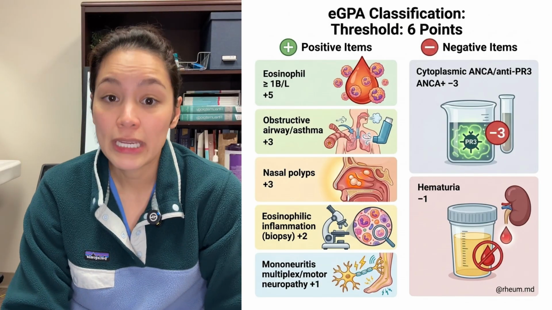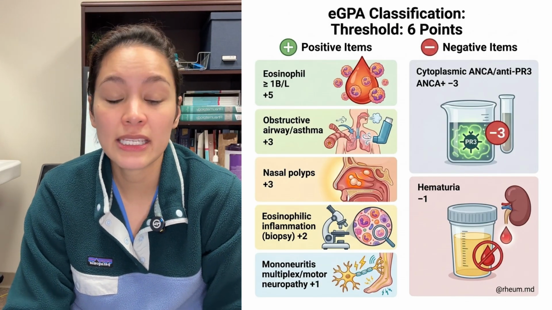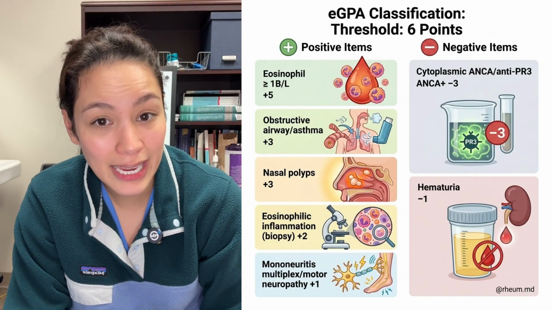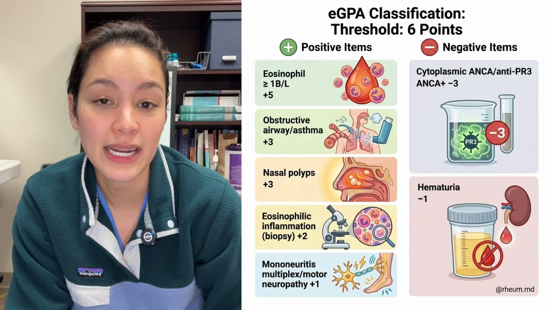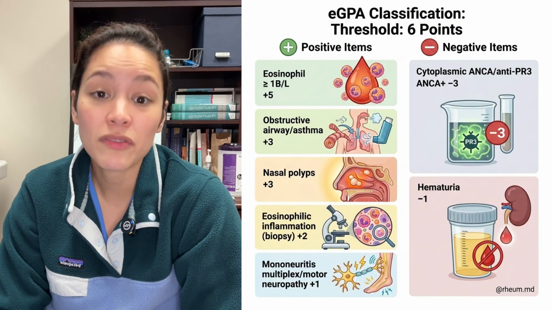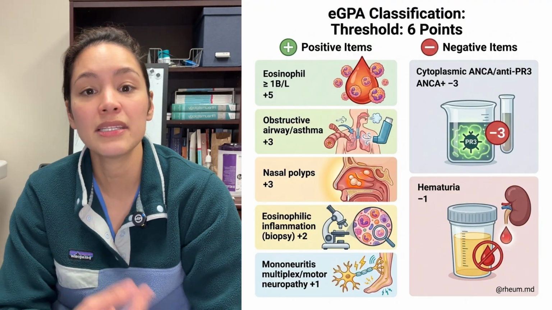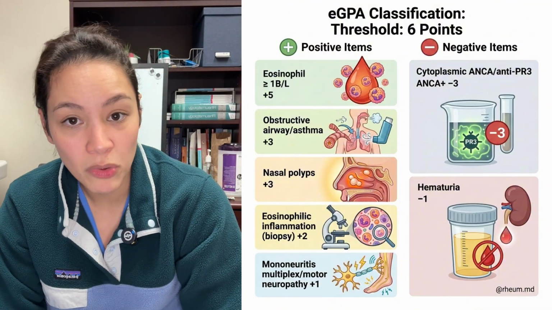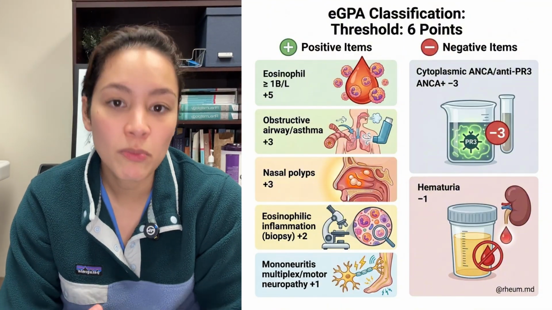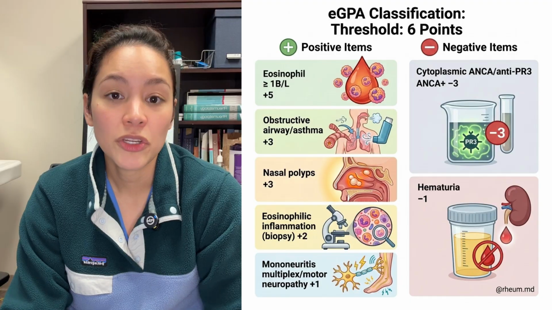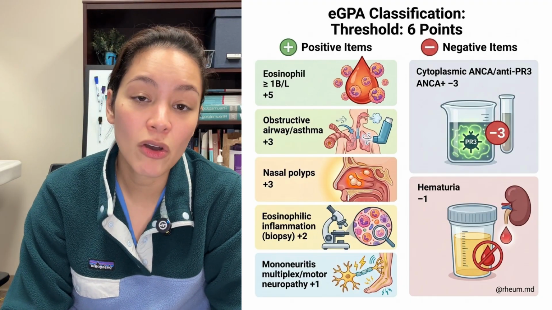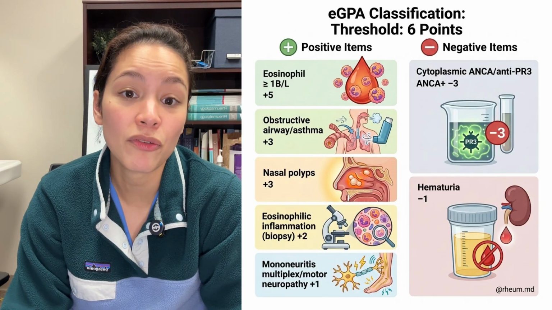The ANCA positivity and presence of elevated eosinophils helps you to discriminate the different types. For eGPA, a maximum eosinophil count that is significantly elevated is the highest weighted item. You get additional points for obstructive airway disease, for mononeuritis multiplex, nasal polyps, etc. And you subtract points for c-ANCA or PR3 positivity and for hematuria.